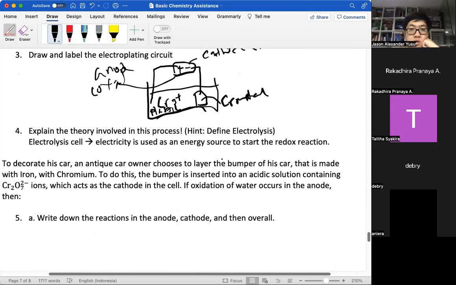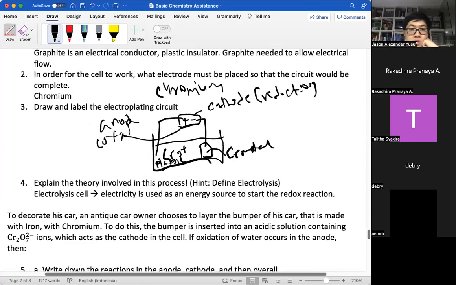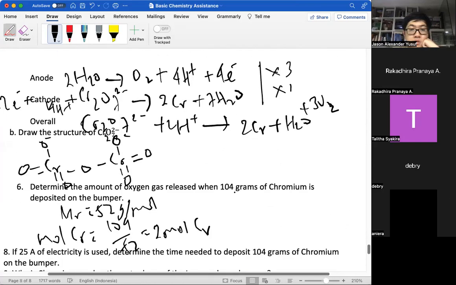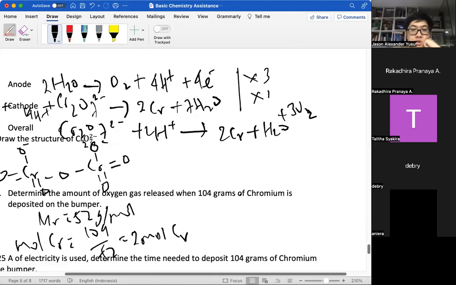And we know that this is the reaction. So in order to find the moles of oxygen, we need to multiply this by 3/2. Hence we get 3 moles of O2.